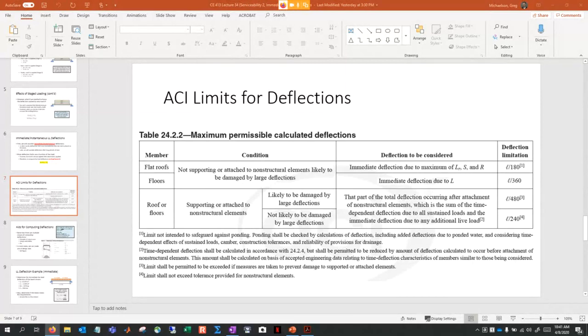L over 180 is for a roof member. For a roof member, we allow it to deflect a little bit more because it's not going to really have people on it usually, so that's not really a big deal. But for the floors in the building, we have a little bit more of a stringent limit. As that number on the bottom gets higher, the allowable deflection gets lower, so the higher the number, the more restrictive the design needs to be. So we're going to limit that to L over 360. So let me go back to the notebook.